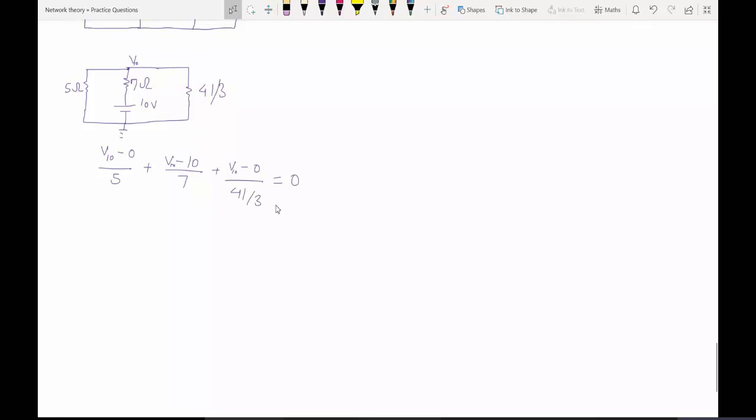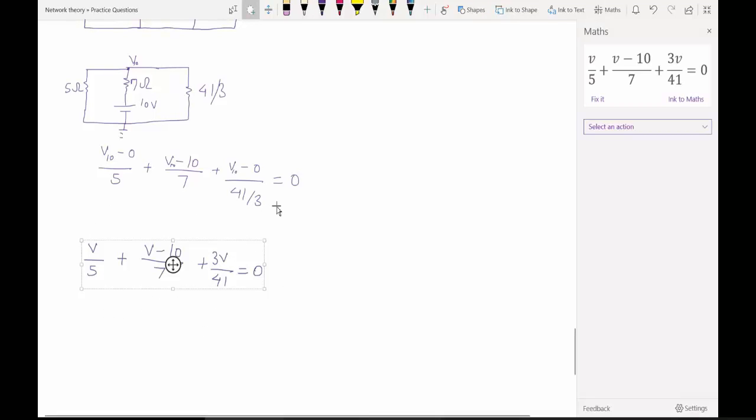Correct. So what is the answer? How to write it? We will write directly V. So V upon 5 plus V minus 10 upon 7 plus 3V divided by 41 is equals to 0. You can calculate it on your own using the calculator or anything. I will use this software.